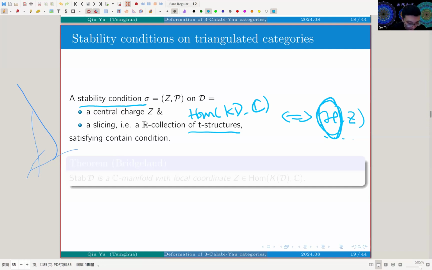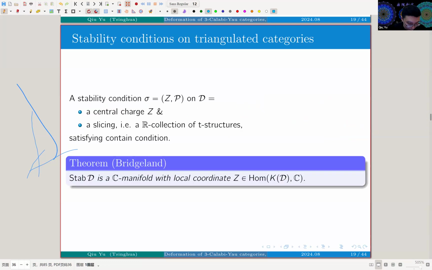But the important result Bridgeland proved is that this abstract definition gives you a complex manifold from any triangulated category. And this central charge is basically a local coordinate for this complex manifold. So you need to carefully glue them together.